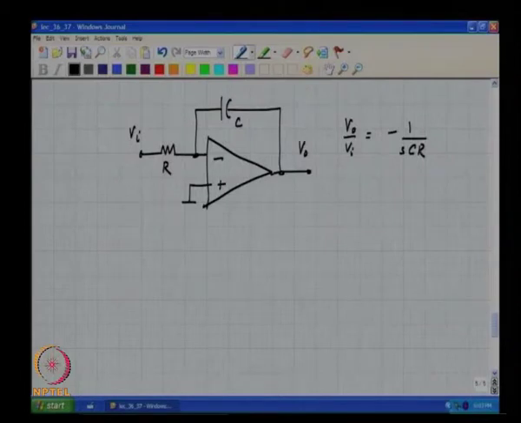Now, clearly no op amp is ideal. So, in practice there are several ways of implementing the op amp.